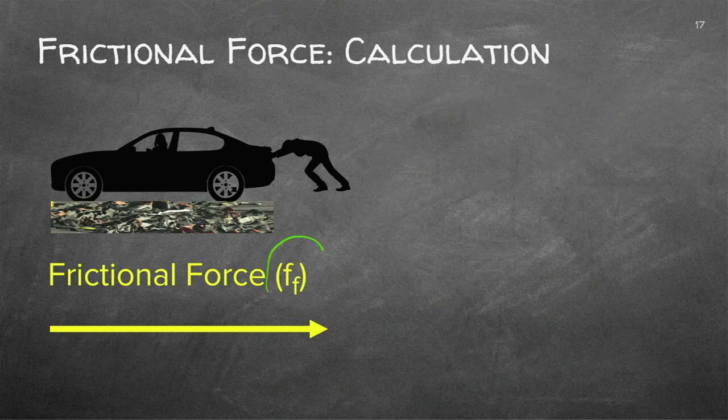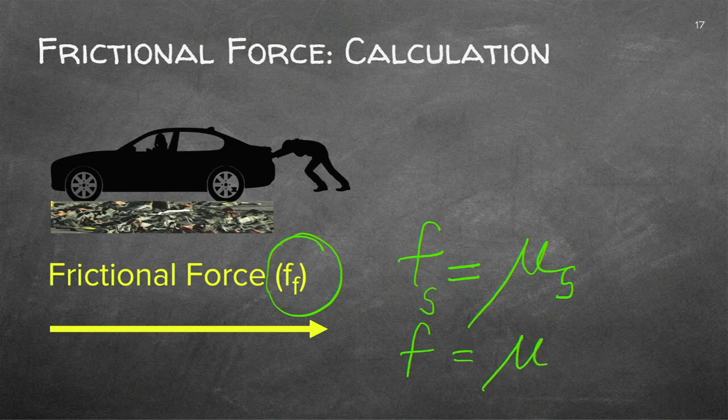So if I want to calculate the friction, I need to know the coefficient. If this is static, I'm calculating the static friction. If this is kinetic, I'm working out the kinetic friction. And remember, I multiply both of them with the normal force.